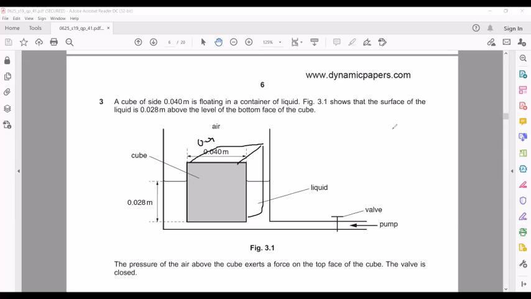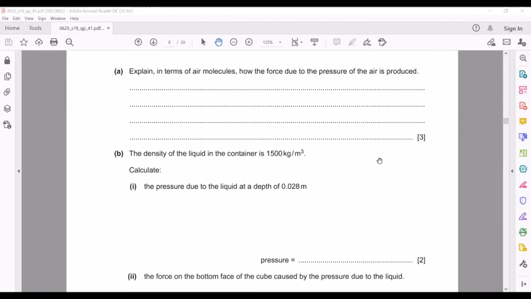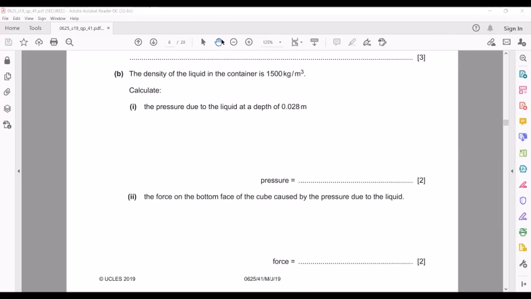That's why we multiply them. 1.6 exponent minus 3 will be the area, and that is multiplied by pressure, which is 420. We will get the final answer. So 0.67 Newton is the force.